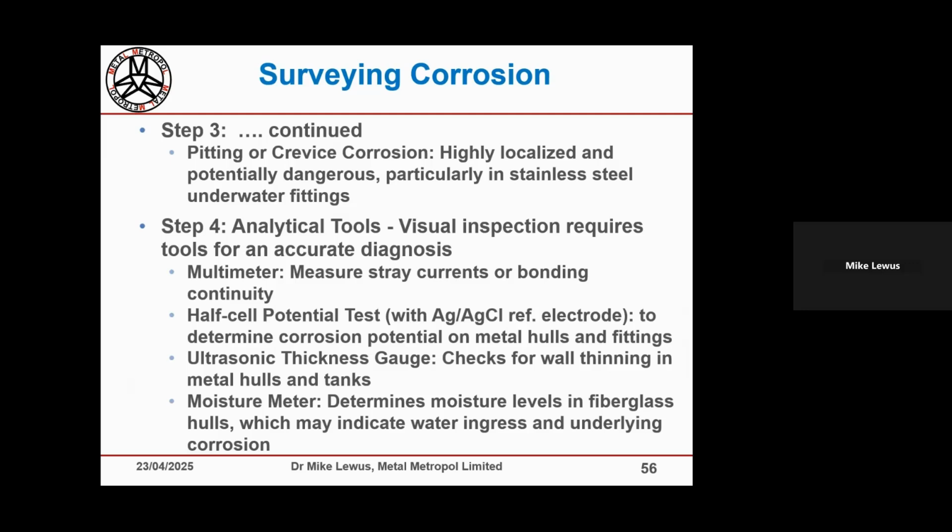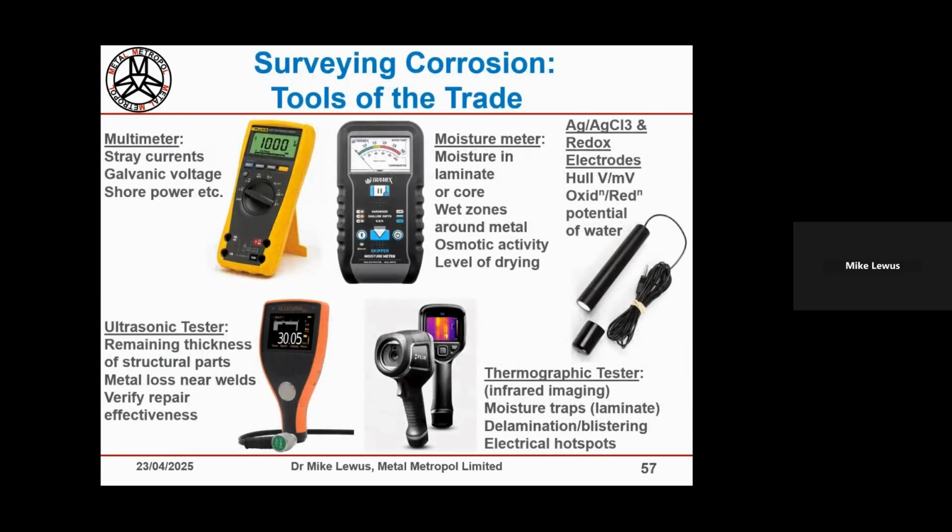This is where certain analytical tools come into play: multimeters to measure galvanic currents or stray currents, a reference electrode to allow you to measure hull potentials, ultrasonic thickness gauges to check for wall thinning, moisture meters to investigate things like osmosis problems, say on GRP hulls, but also to identify in some cases where there are pockets of moisture that are causing a problem with some corrosion of metallic parts. So I just put together this slide showing what I call tools of the trade.